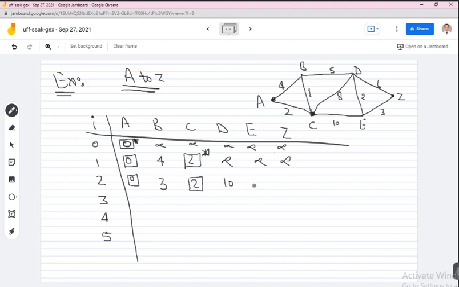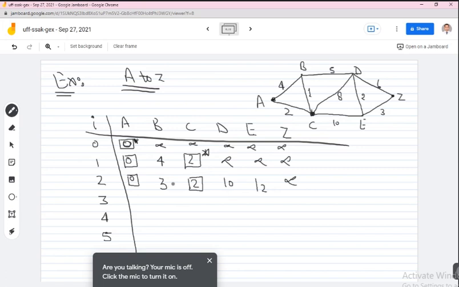For E, it is 12. Only 3 points, B, D, E. There is no direct edge from C to D, so I will write infinite here. So again, I will choose the minimum of these 3, from B, D, E. So what is the minimum? 3.